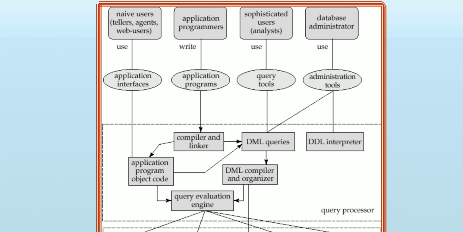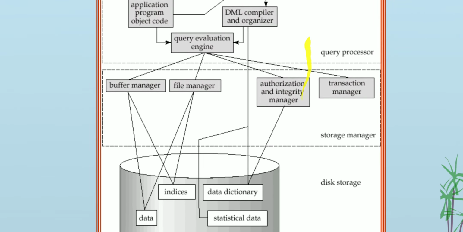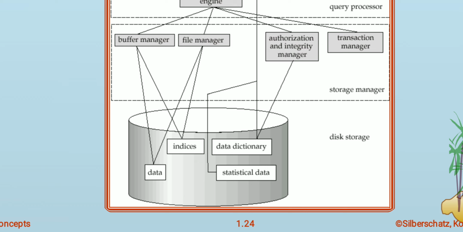Whereas the application programmers write the application programs and they go to the compiler and linker. These updates are again done by the data manipulation language controlled by the administrator tools. So these are all stored in the disk storage, that is the hard disk.